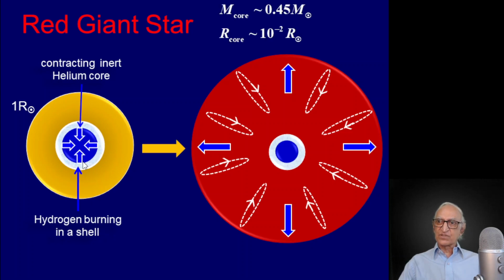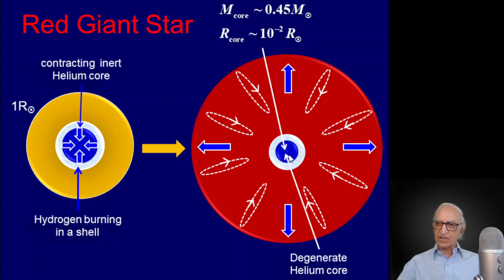Now, this leads to an expansion of the star, and the size of the helium core is indicated there. Its mass is roughly 0.45 solar mass. Its radius is 1/100th of the solar radius, so it's only as big as the Earth. And what is there right at the center?